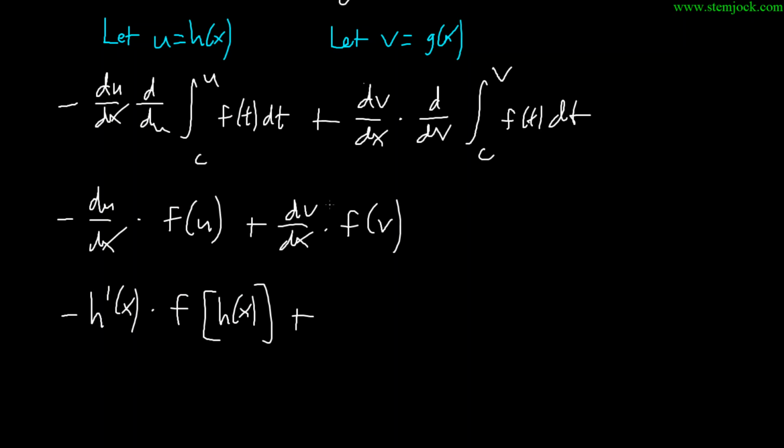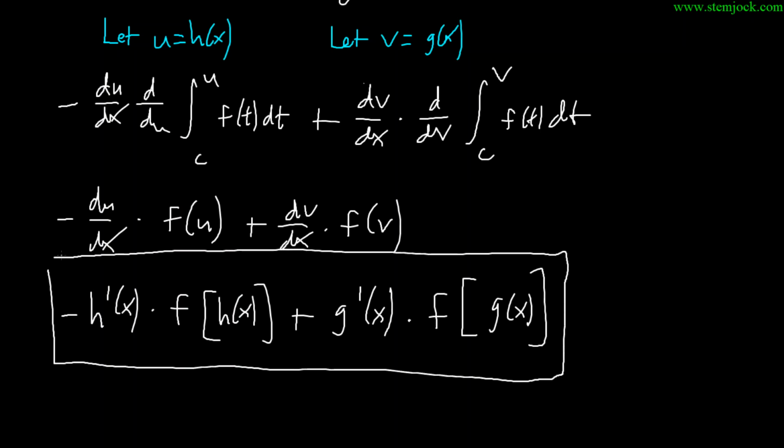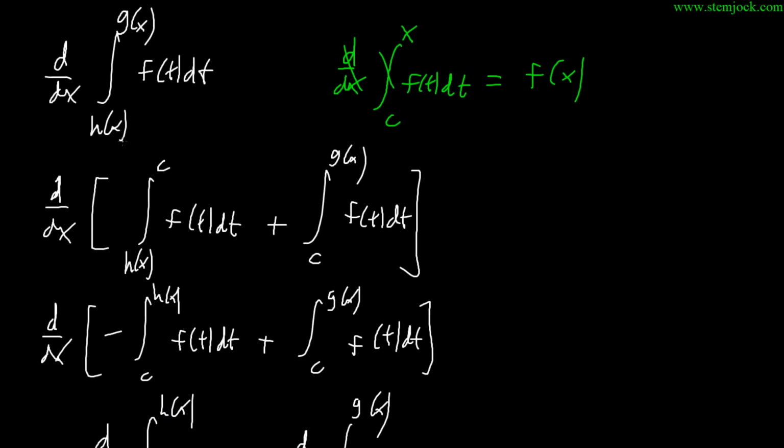And then plus dv dx, that's g prime of x, and then times f evaluated at v, which is g of x. So here, this is our formula for the derivative of an integral with variable limits of integration.